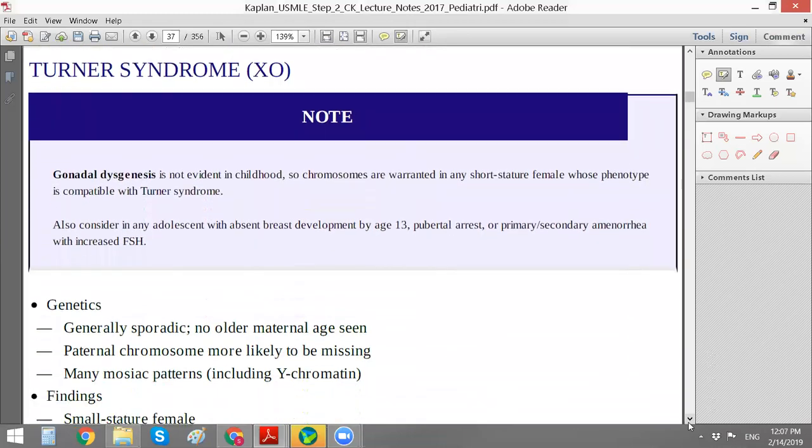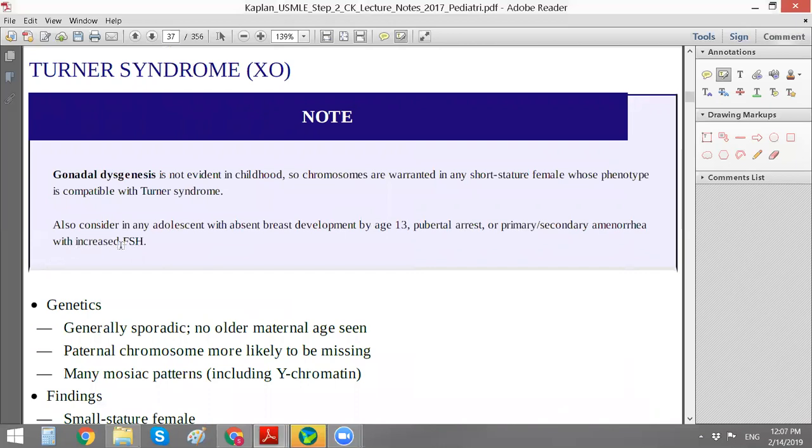Then we have Turner syndrome, XO. Gonadal dysgenesis is not evident in childhood, so chromosomes should be obtained in any short stature female whose phenotype is compatible with Turner. Also consider in any adolescent with absent breast development by age 13, pubertal arrest, or primary or secondary amenorrhea with increased FSH.